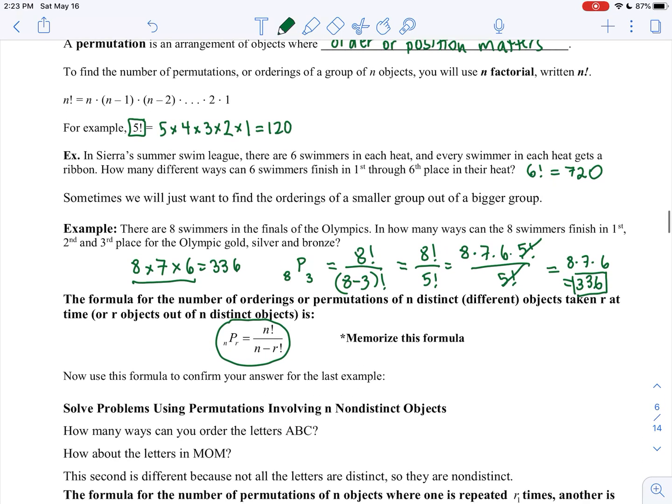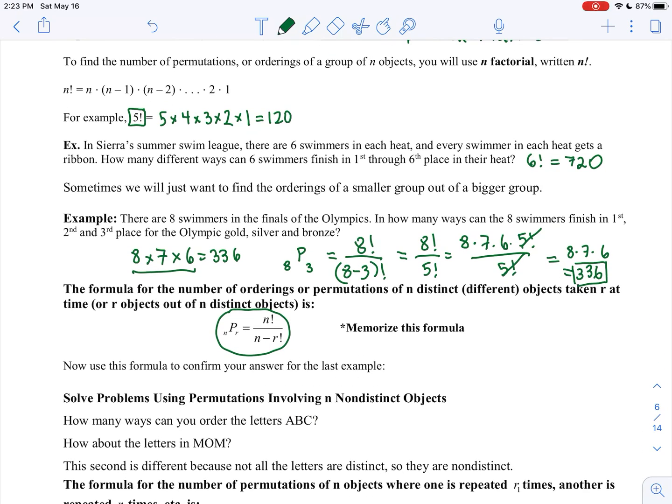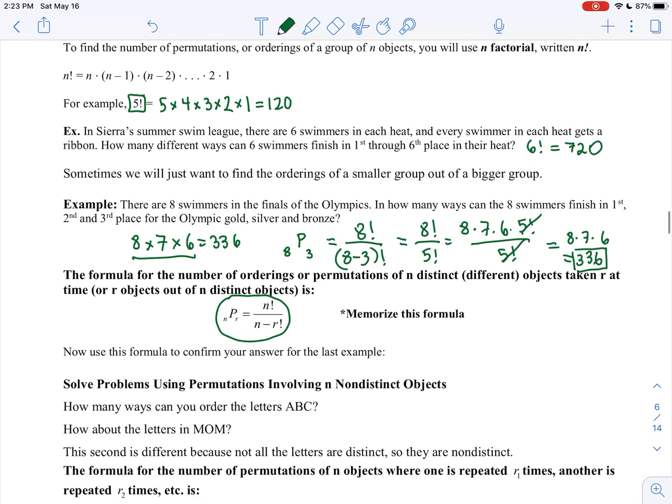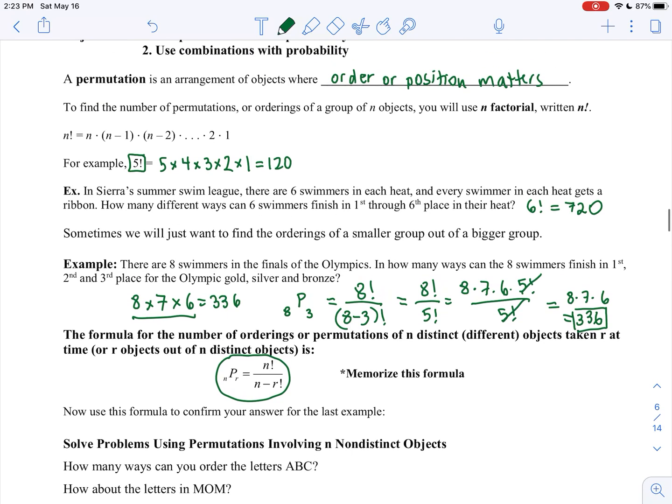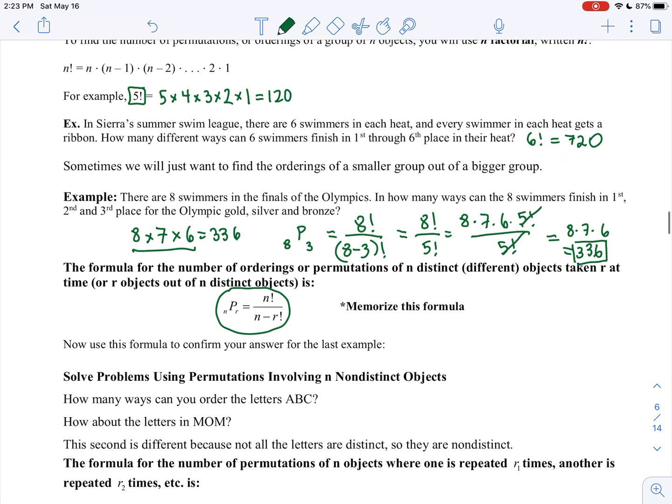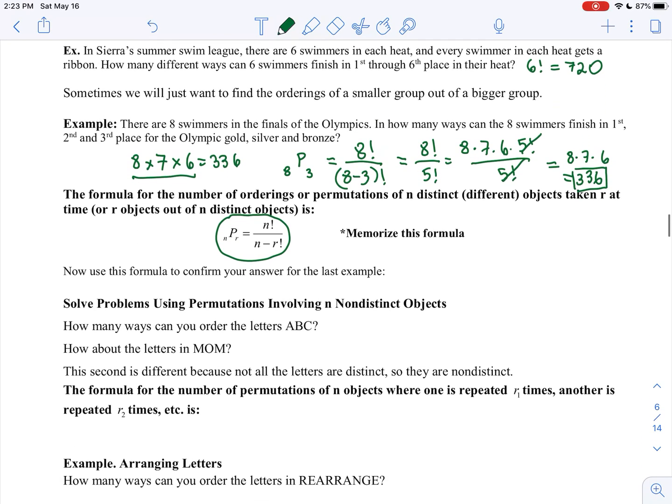So once again, the formula below confirms that it's one technique to use to find the orderings when the arrangement, or position, matters. Now use this formula to confirm your answer from the last example.